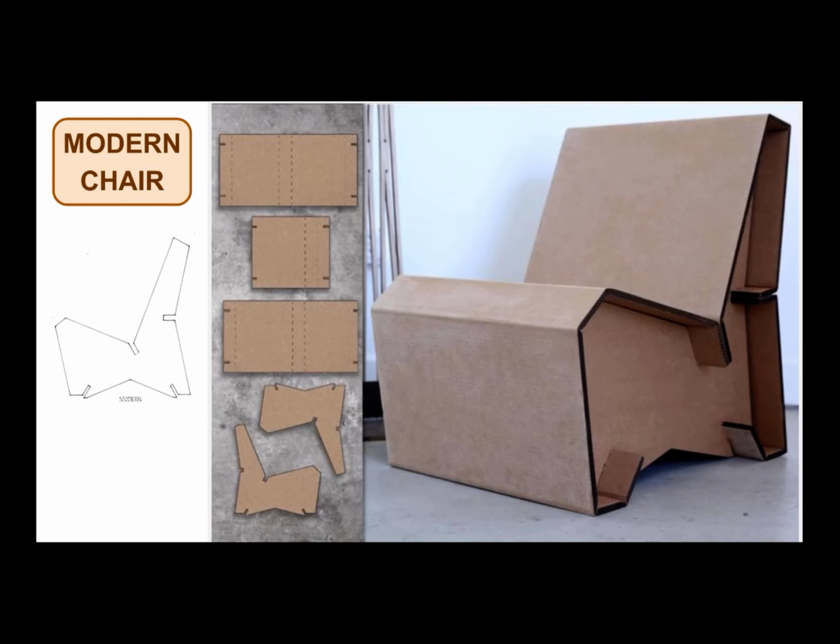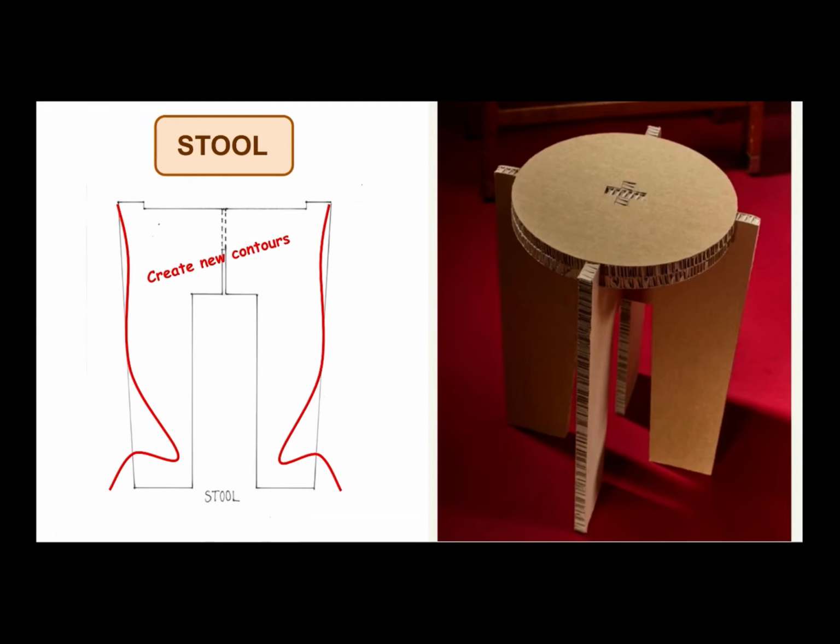And so there's a template where you could make a modern chair. You can see the parts here. How could you alter this or change it? Could you cut some openings in the seating so that it has a theme? What shapes could you make that into? Another one is a simple stool, has four straight legs and a round top.